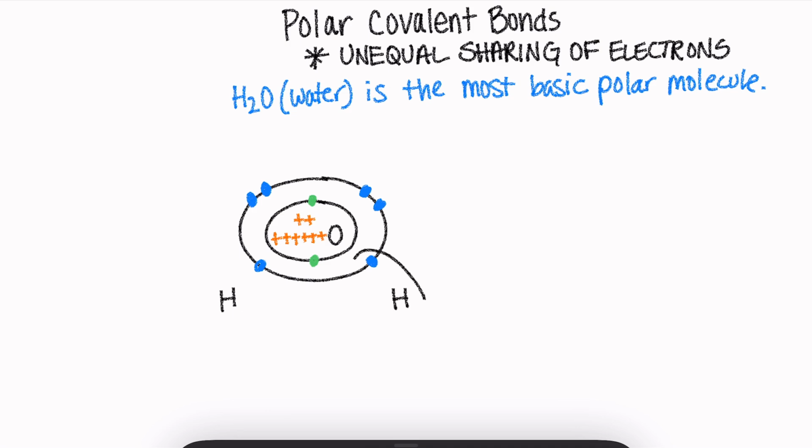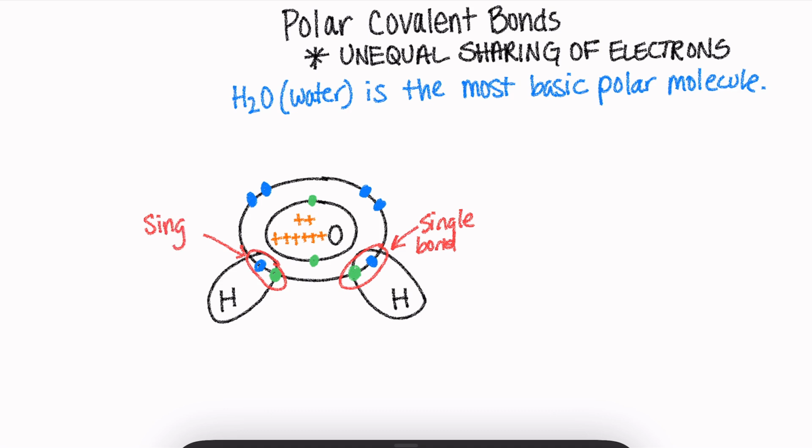And you see how hydrogen's one shell, its only shell, is going to share here and here. Recall that this is a single bond, and this is a single bond. And then you've got these electrons here and here.